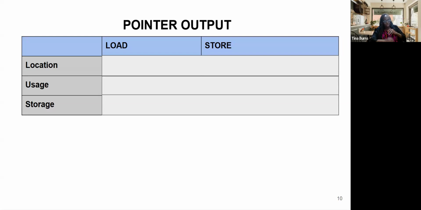So for a load operation, you may be loading something from a CPU register. You could also be loading it from memory. You can do it from either. When you store something, you can load something into a CPU register, but you're typically going to store something in your memory.